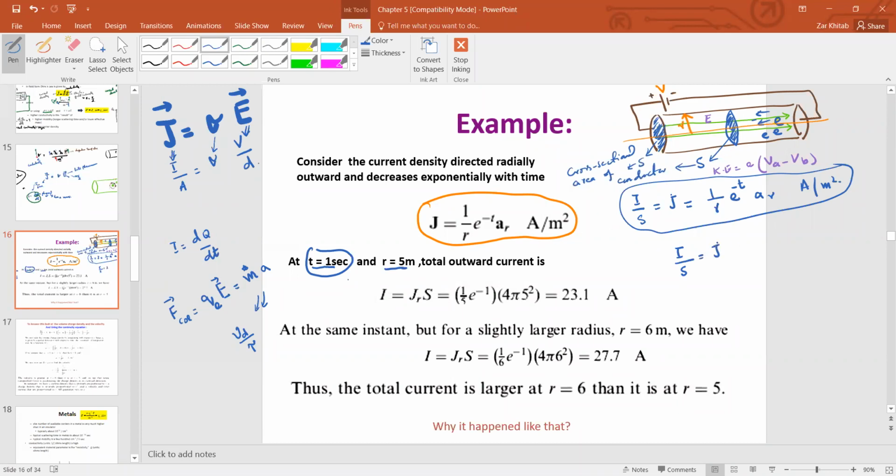And this is J. So what this means, J is, from here, I is J into S.